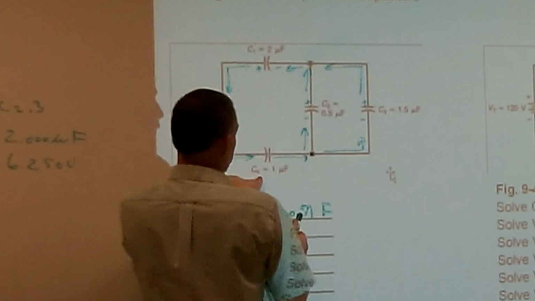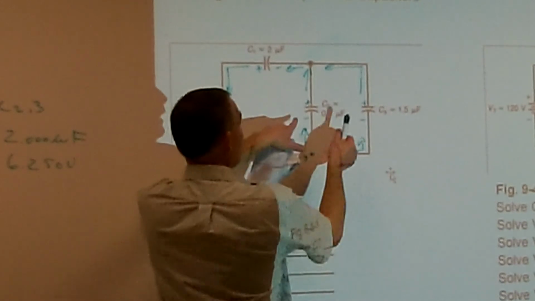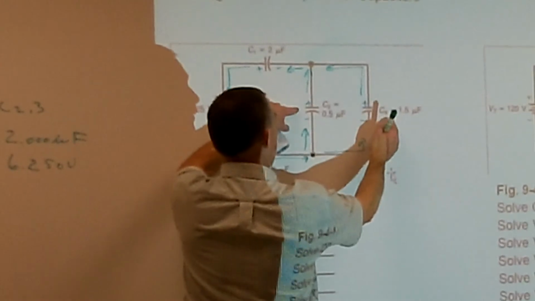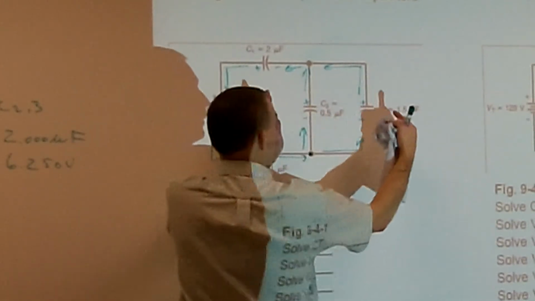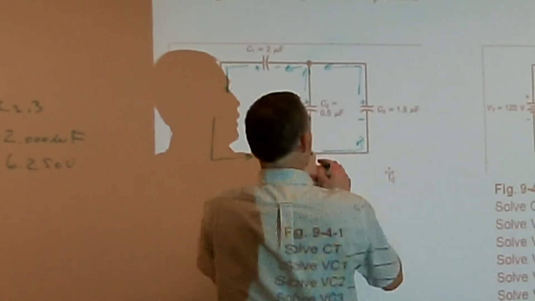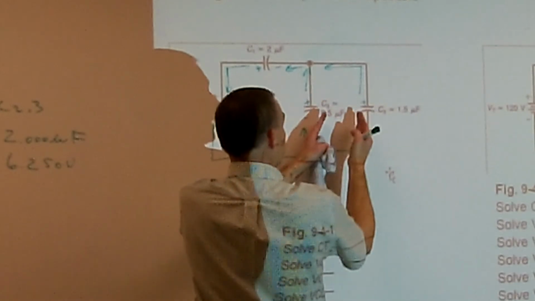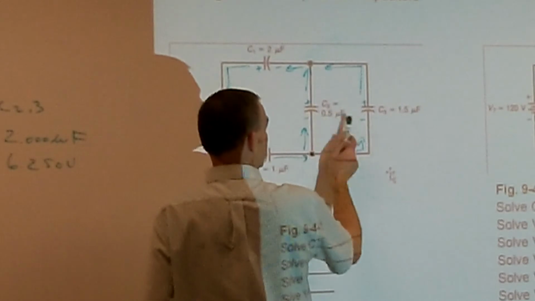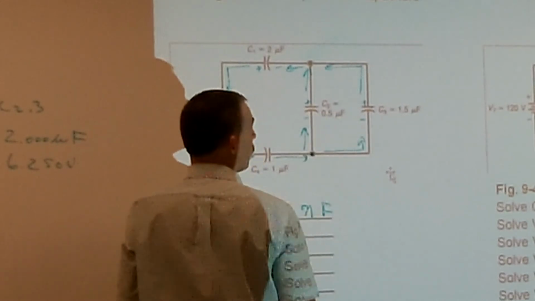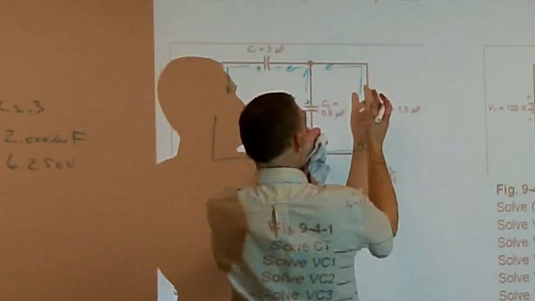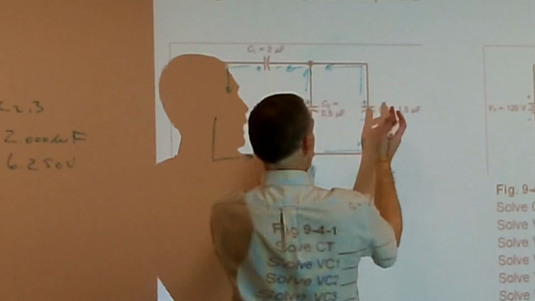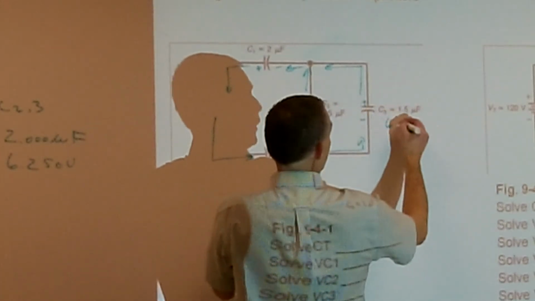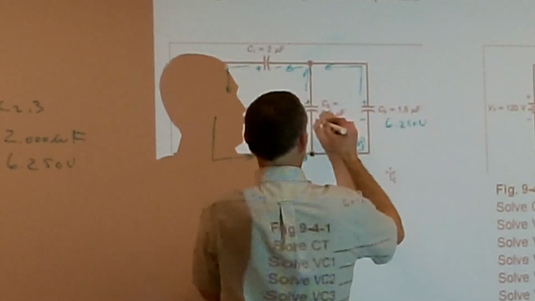And so C4 is going to charge up to its fullest, and then C2 and C3 aren't going to charge up to their fullest because it's a combination of the 2 microfarads. But since they're in parallel, what remains constant in a parallel circuit? Voltage. Since my voltage remains constant across the parallel circuit, both of those are going to drop their 6.25 volts.